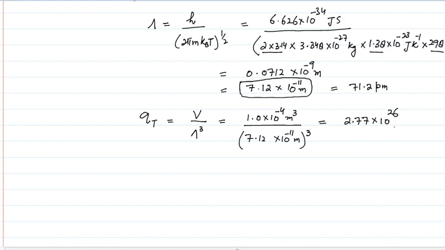It will have no unit because cubic meter will cancel, so translational partition function, or in general partition function, they don't have any unit.